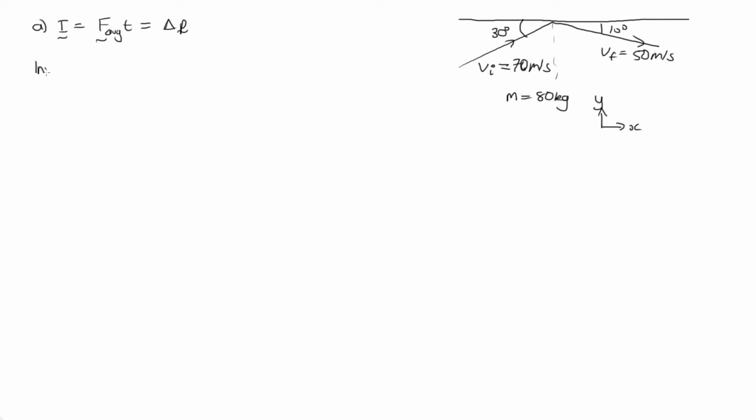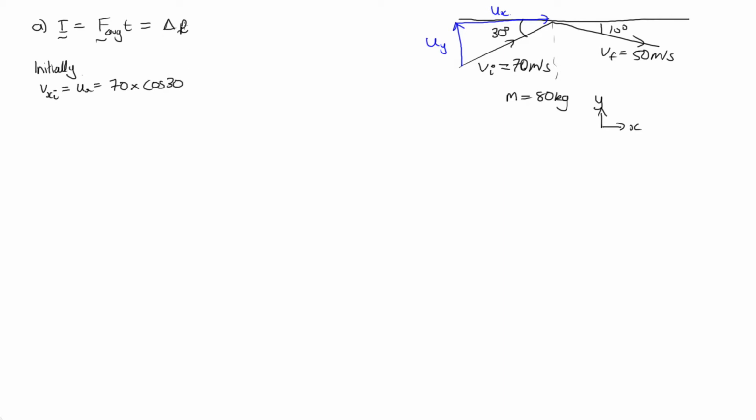So let's put initially, we've got vx initial, and so splitting this into two components, we can have our, let's call this one uy, and then we've got along here ux, and so this thing here is our ux, and we can see here this is adjacent to the 30 degrees, so this is going to be 70 times cos 30.